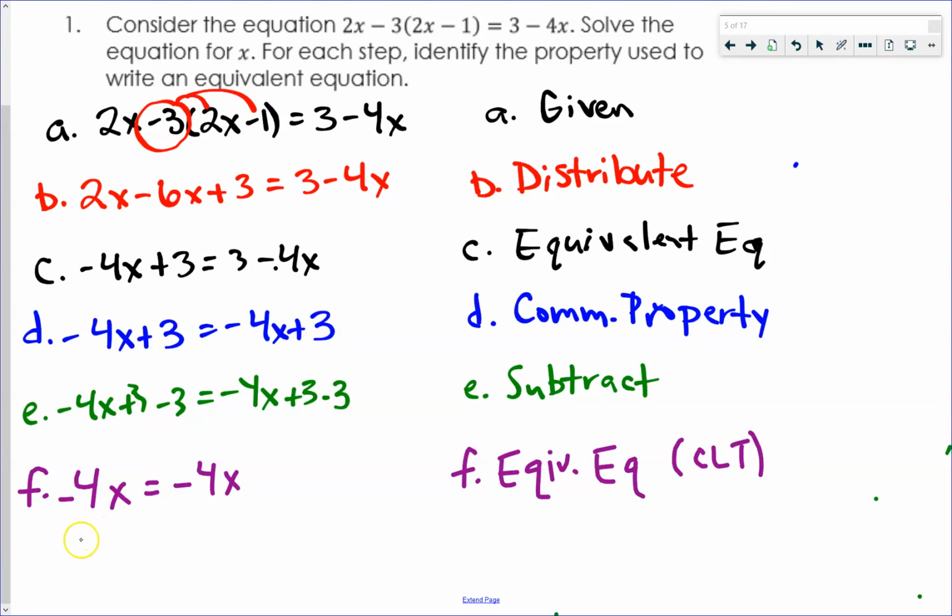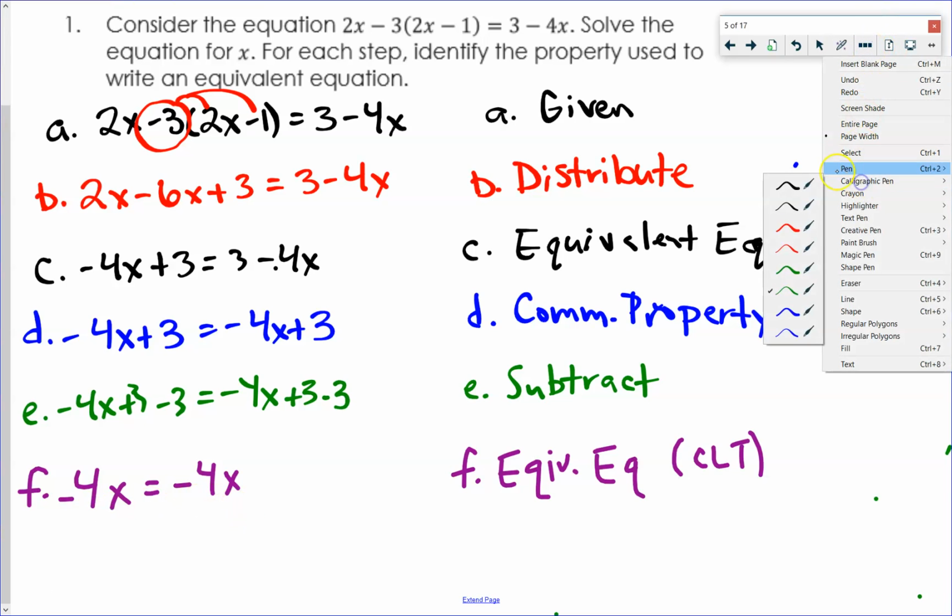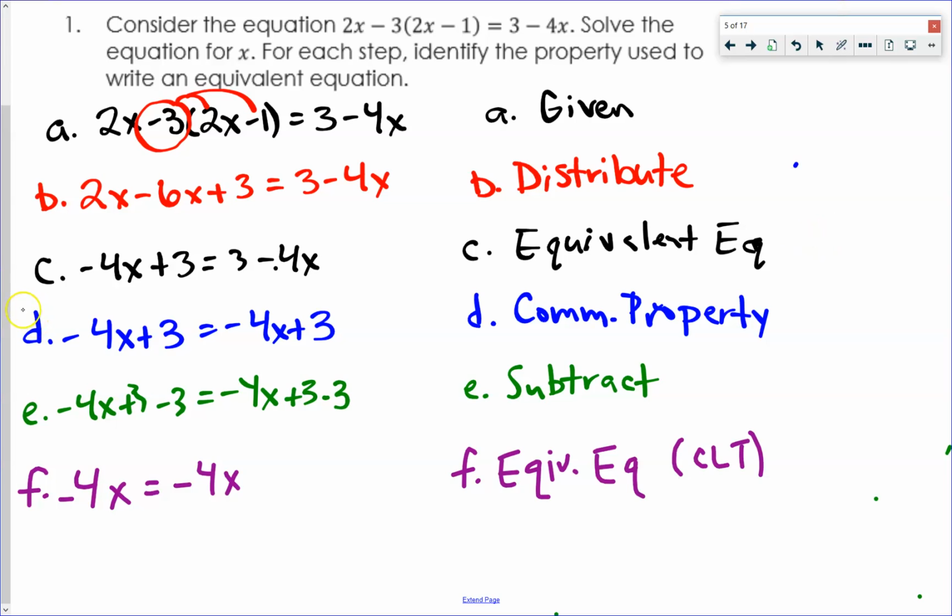All right, so notice something here. This goes back to our last topic. I have 2 equal expressions, don't I? They're the exact same thing. They were also the exact same in part D, so technically I could have recognized it there. Okay, but I do recognize it in part F. They are the exact same equation. So we talked about when we have 2 equal expressions set equal to each other, then that means that our solution is going to be all values.